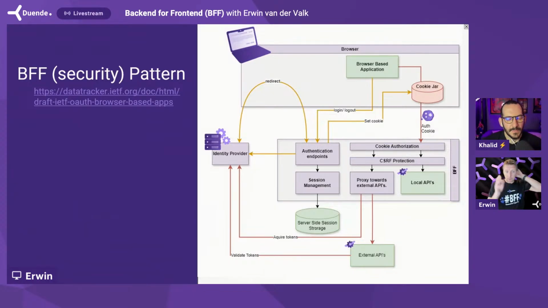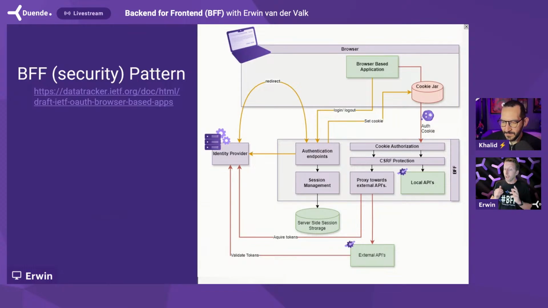Now, again, the BFF pattern is quite a lot older already. And it didn't have anything to do with hiding the authentication bits. It was already proposed to say if you're building different kinds of front ends, so for example, a web front end, a mobile front end, to create a BFF specifically for that purpose.